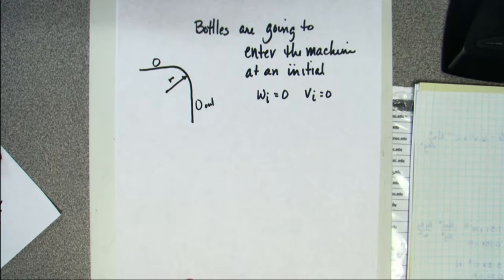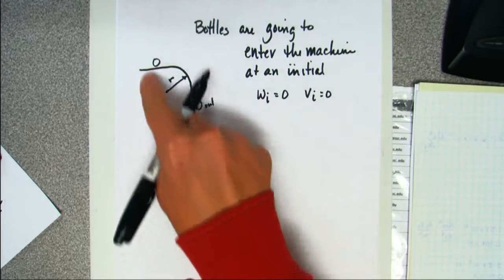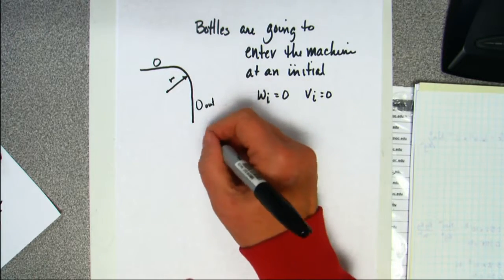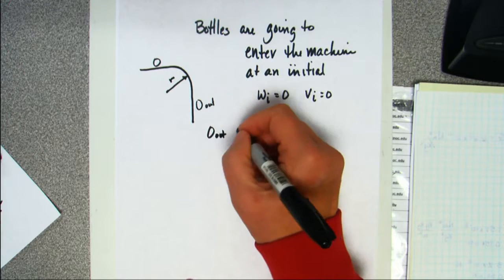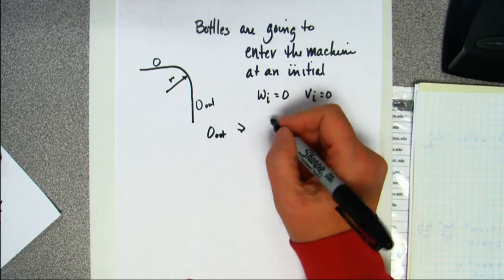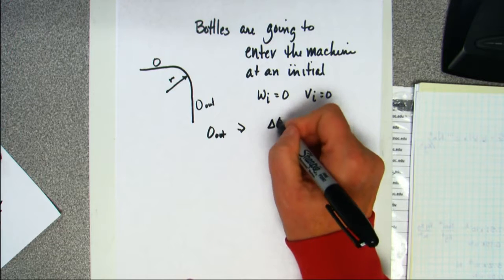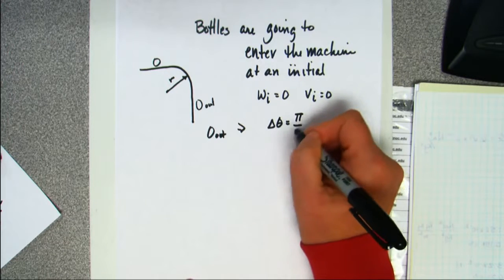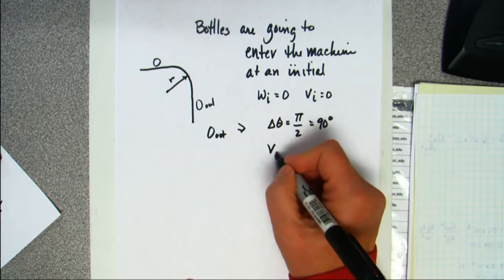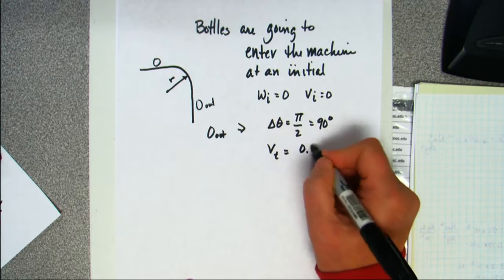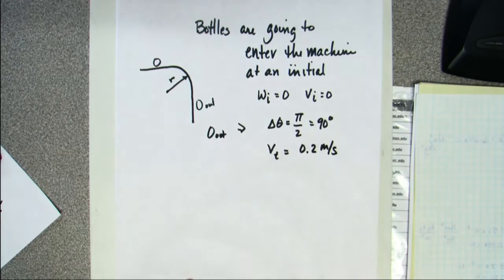And we're going to say that when it comes out at 90 degrees, we're going to have a change in angle of pi over 2 radians or 90 degrees. And when it leaves, the tangential velocity is going to be 0.2 meters per second.